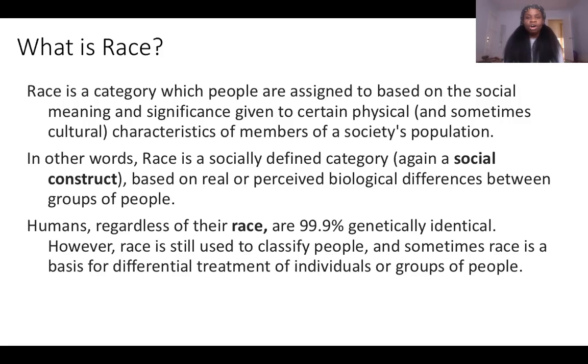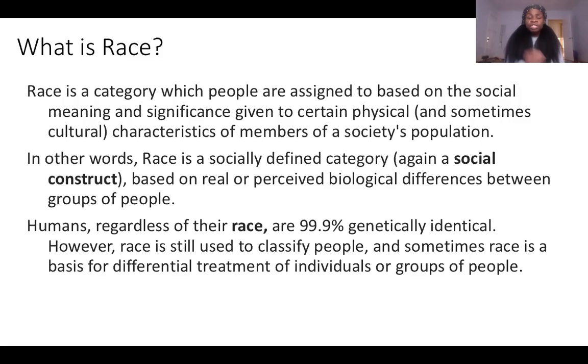Again, it's a social construct. Remember, a social construct is a human creation based on real or perceived biological differences, which what I will say is that race is most often based on perceived biological differences.